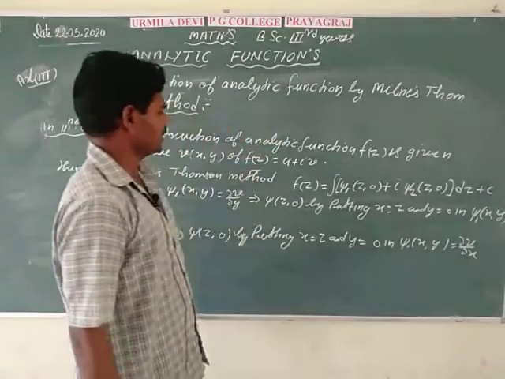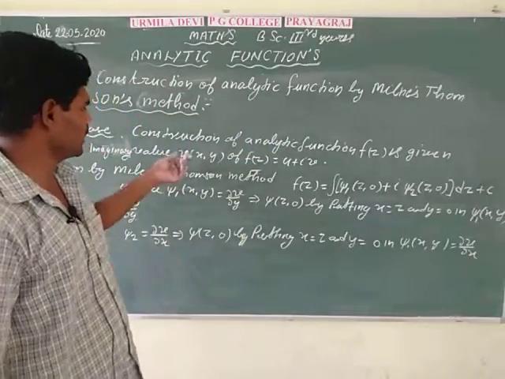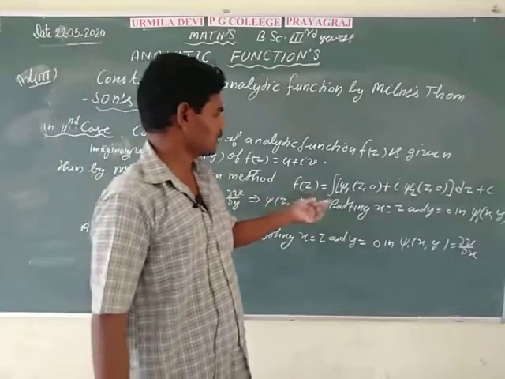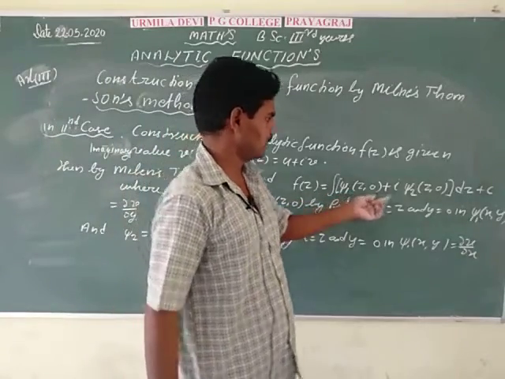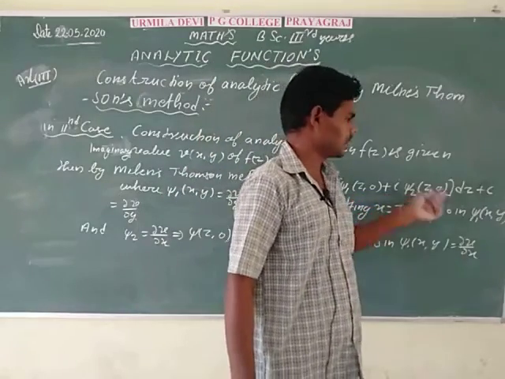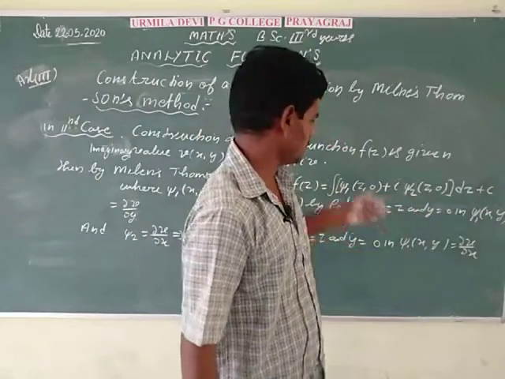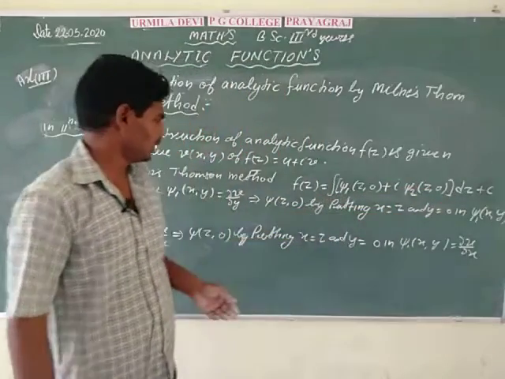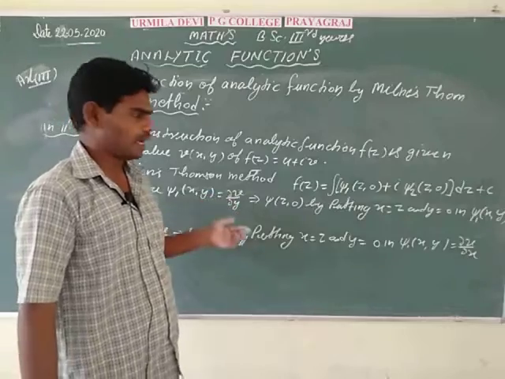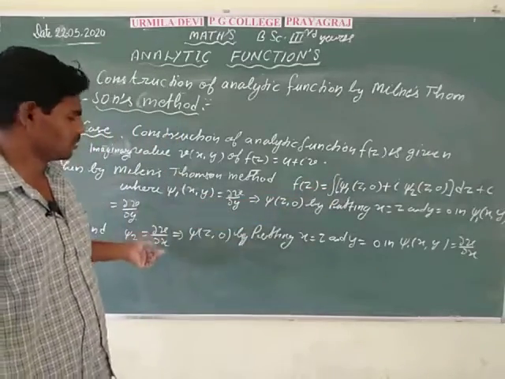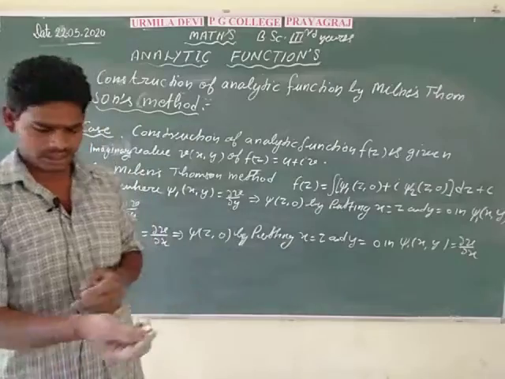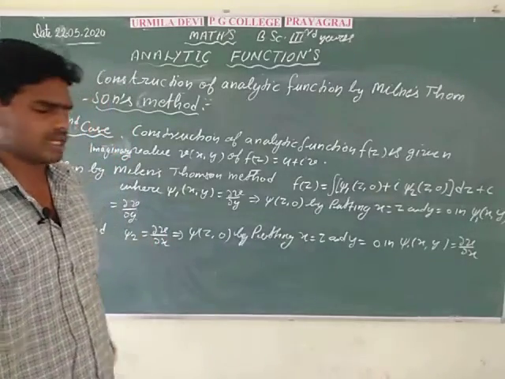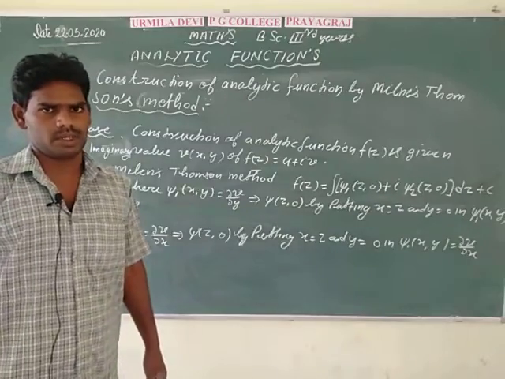So in the second case, if given imaginary value v, then the required function f(z) is equal to the integration of psi 1(z, 0) plus i times psi 2(z, 0) dz, means taking integration with respect to z, where psi 1 value is del v by del y and psi 2 value is del v by del x, means partial differentiation of given imaginary value small v with respect to y and x respectively.